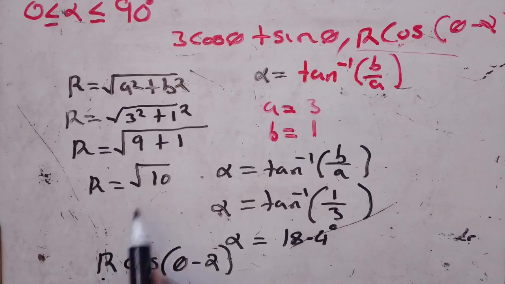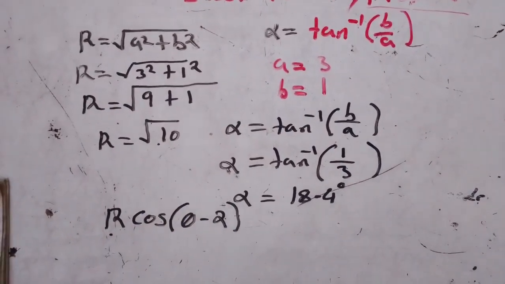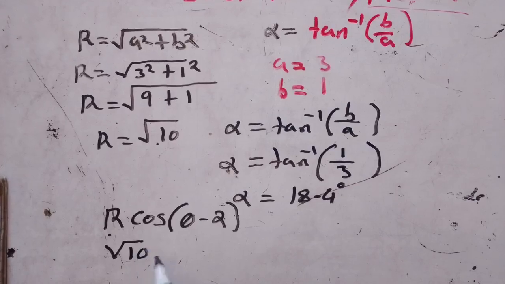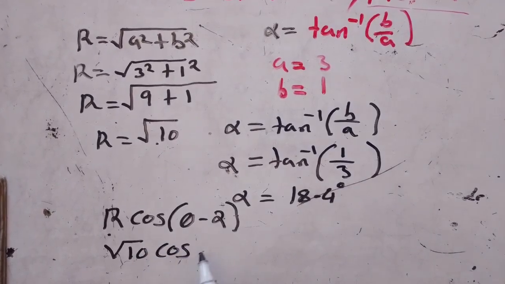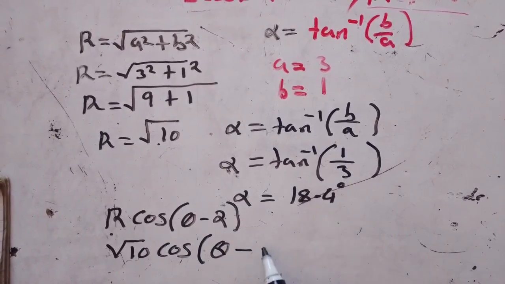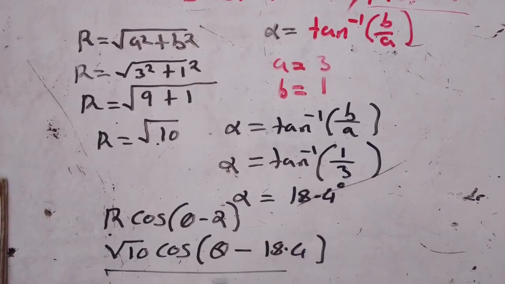Where there is r, we replace with the value of r which you found, the square root of 10. So we have square root of 10 cos theta minus 18.4. So we have expressed it in the form that they wanted.